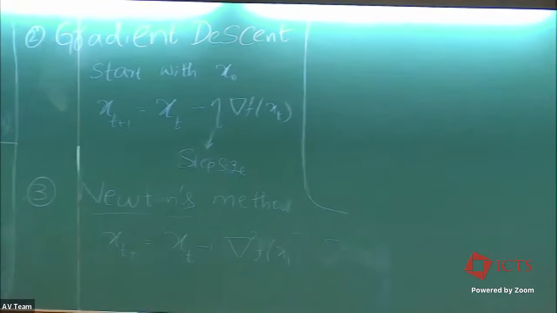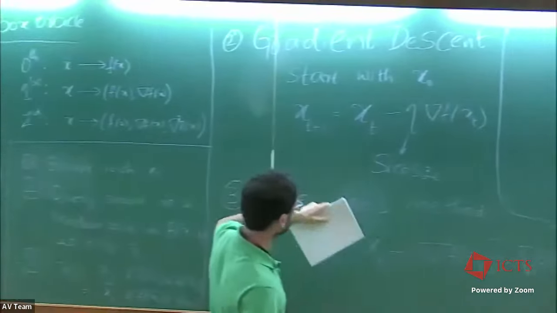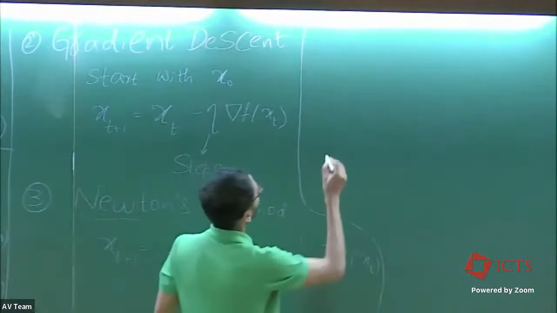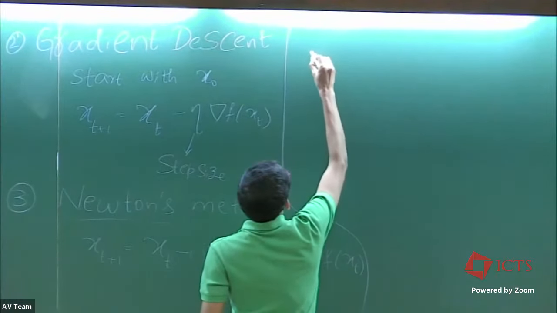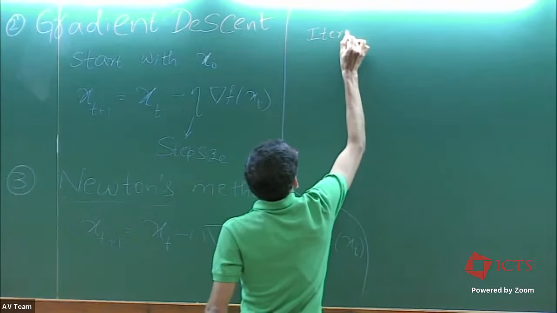So let me define another thing, which is that we do these iterative algorithms, and finally we say either convergence rate or iteration complexity as the following.